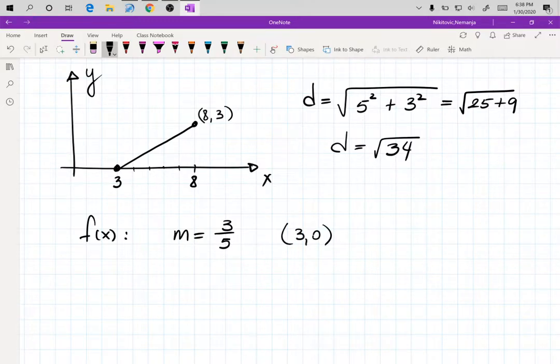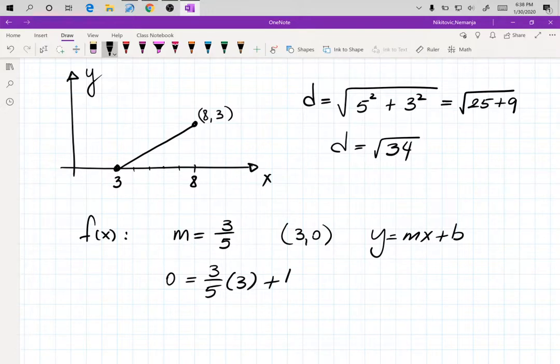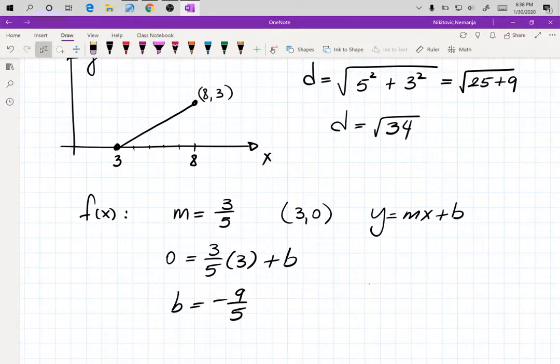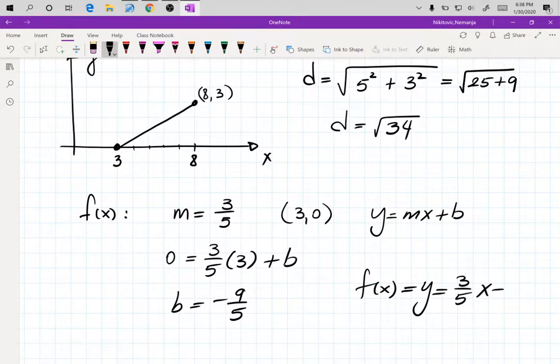So you can stuff all of this into y equals mx plus b to calculate b, which is the y-intercept. So now I have y to be 0. Then I have 3/5 times 3. And then I have b. So b is negative 9/5. And I have the function f of x, which is y equals 3/5 x minus 9/5.